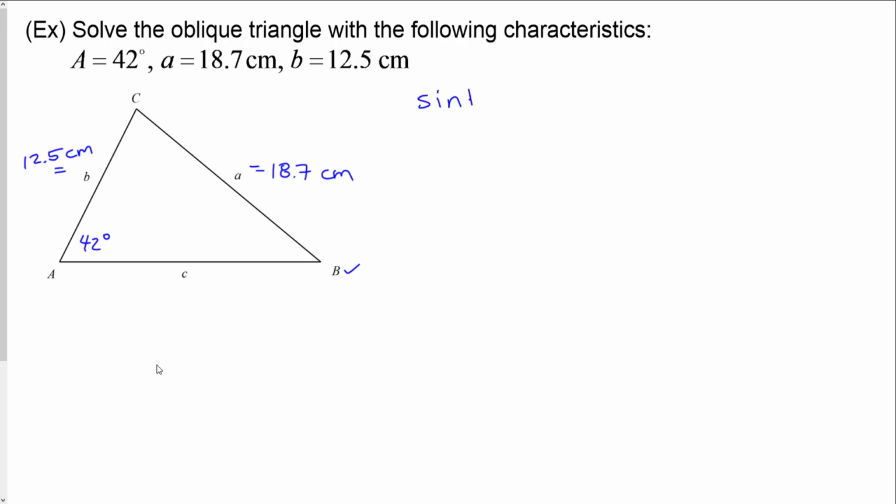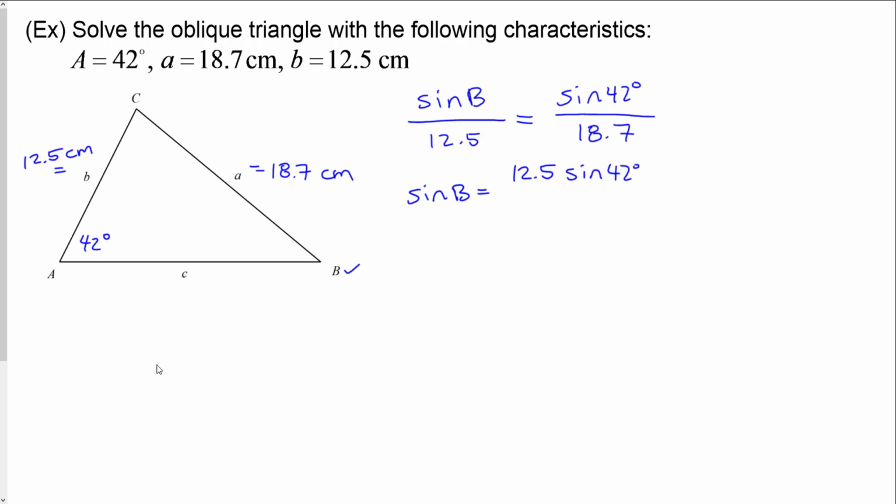I would have to do the sine of B divided by the side length that it's opposite, so divided by 12.5, equals the sine of 42 degrees divided by 18.7. So I can solve this by multiplying both sides by 12.5. So the sine of B is going to be 12.5 sine 42 degrees divided by 18.7.